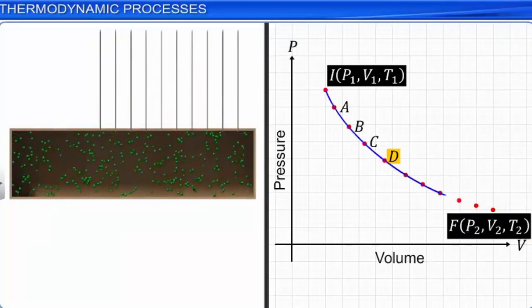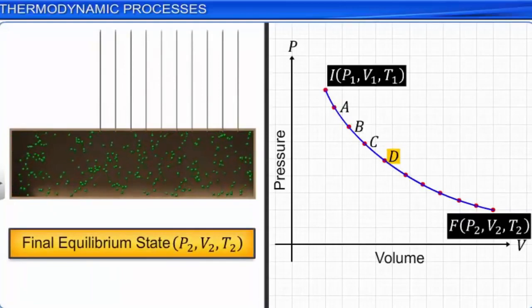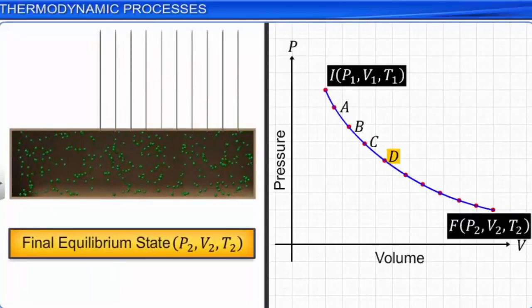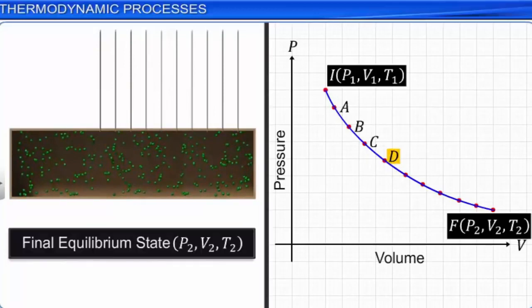The same thing can be graphically represented in a PV diagram as shown. The process we have shown is an idealized process in which the system is in equilibrium state at every stage. Such a process is called a quasi-static process.